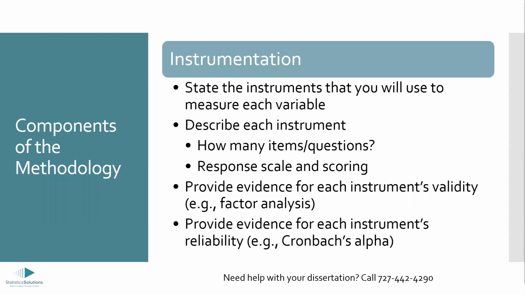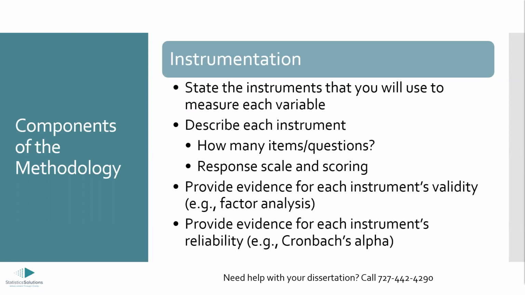And you'll also want to talk about the validity and the reliability of each instrument. So for survey instruments, this typically involves talking about the previous research that has been done to develop that instrument. For validity, this might involve describing the results of a factor analysis that was done by the original instrument authors to talk about validity.